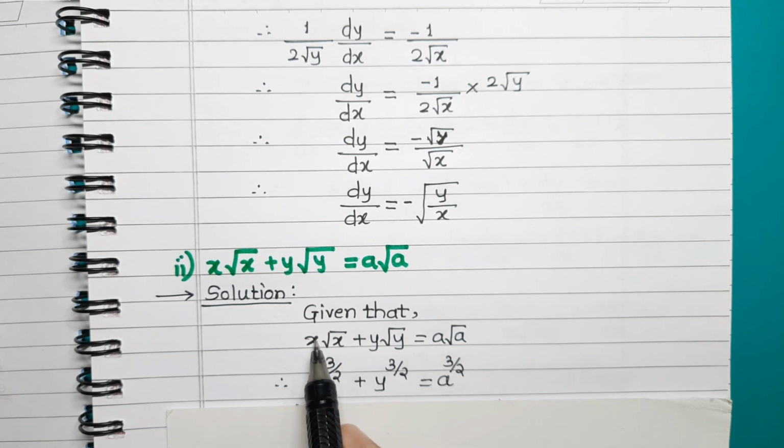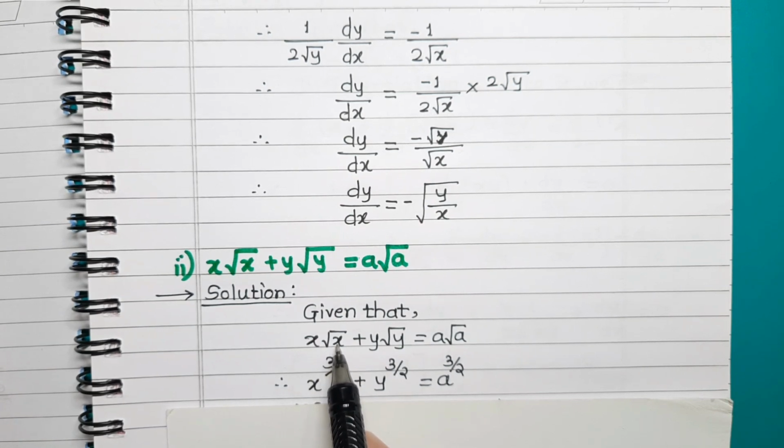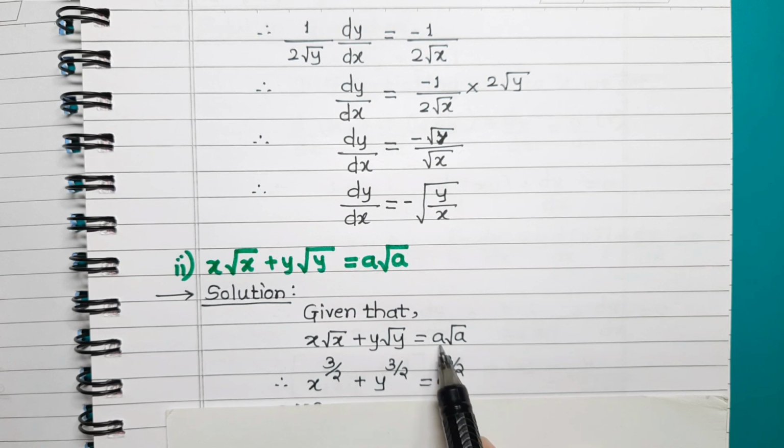See here, the power of x is 1 and here x is raised to half. So x into x raised to half is x raised to 3 by 2. You note this here. Then y root y can be written as y raised to 3 by 2 and a root a as a raised to 3 by 2. You may keep this a root a as it is since it is a constant.